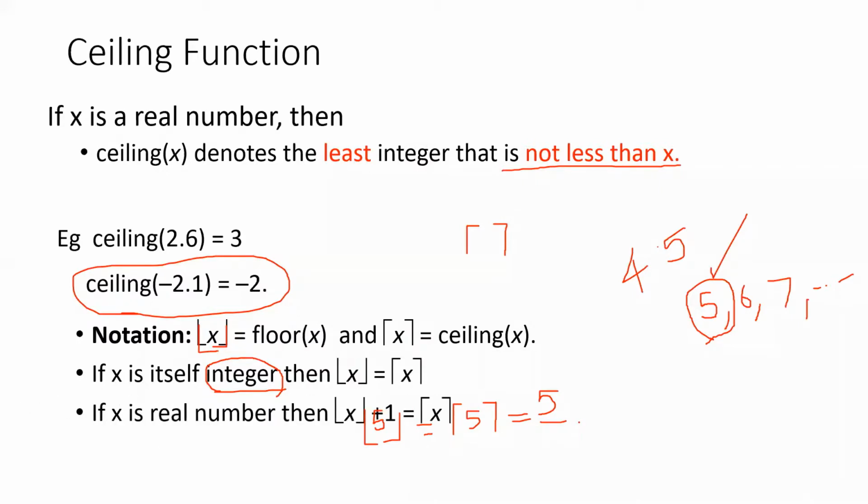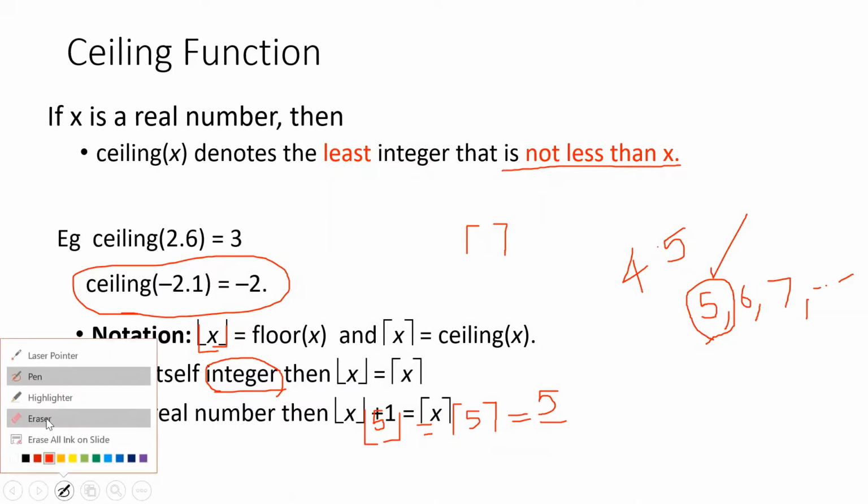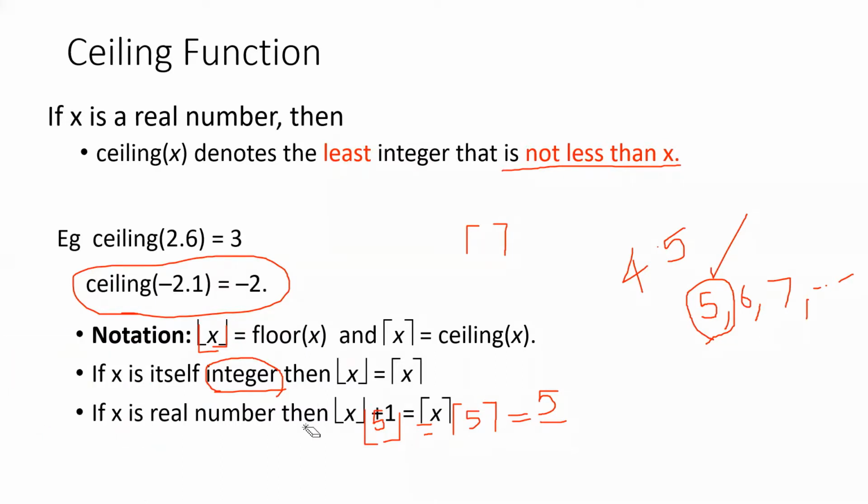Now, suppose you're finding the floor of a real number, for that, whatever examples we have done, you can also try out. Floor of a number. Ceiling of a number, here I have given the notation for ceiling, right? So suppose we are finding the ceiling, the example we have given as 2.6, right?